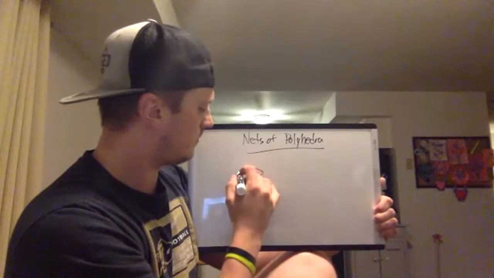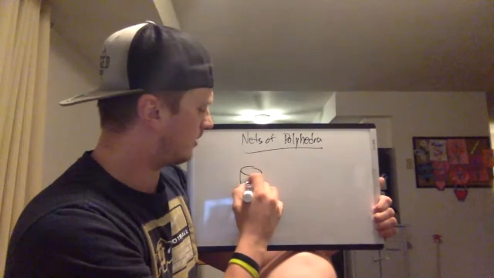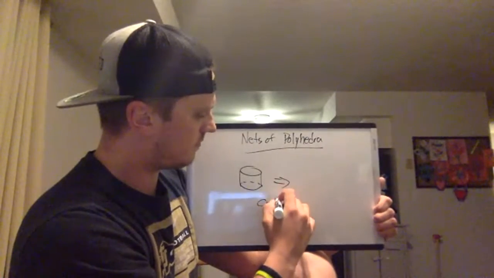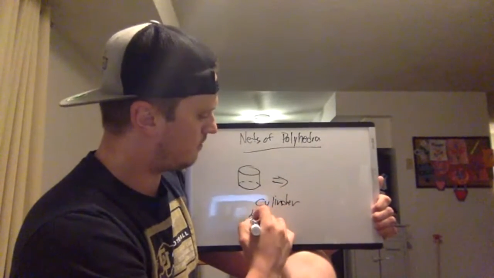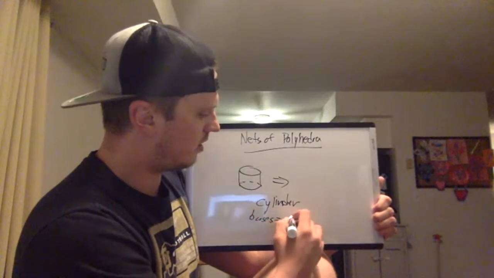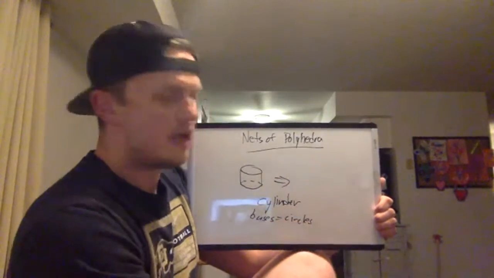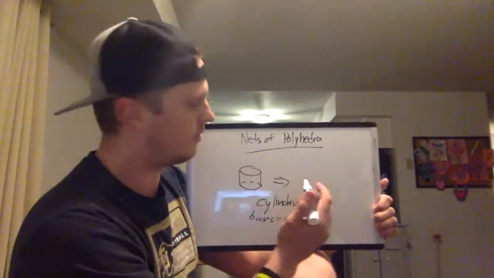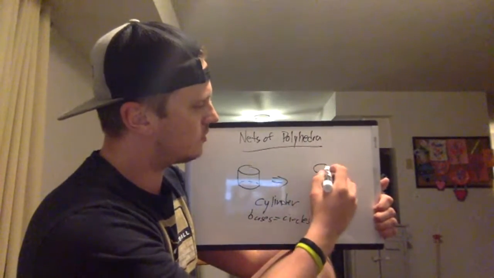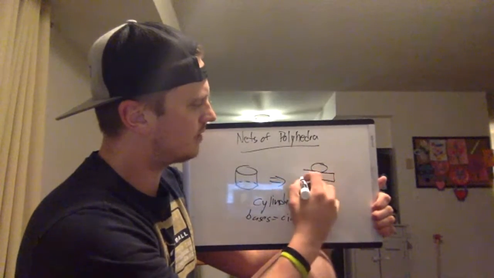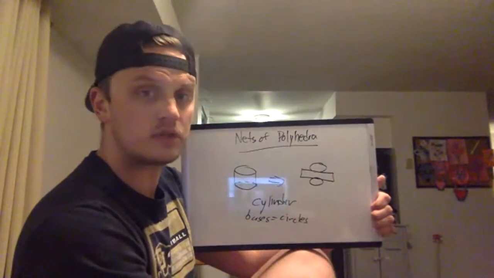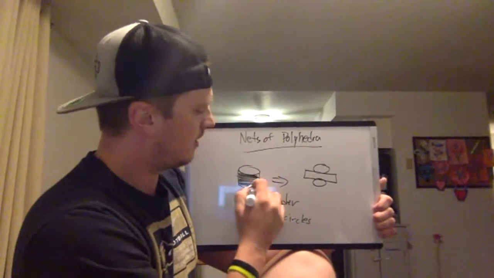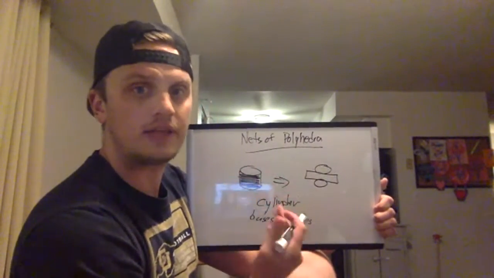If I have an object that looks something like this, I'm going to know it's a cylinder because its bases are circles. When I lay this type of solid out into a net, it is going to have a circle attached to a rectangle attached to another circle, because this part of my cylinder right here is actually a rectangle if I lay it flat.